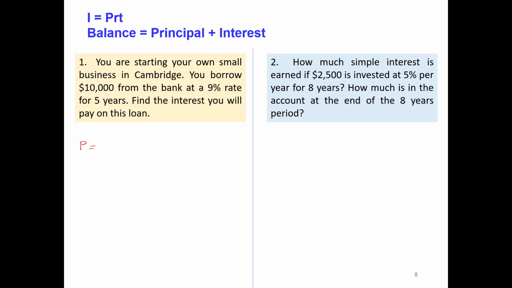So the principal is $10,000 and the rate is 9%. And the time is 5 years because it happened for 5 years. And we need to find the interest.